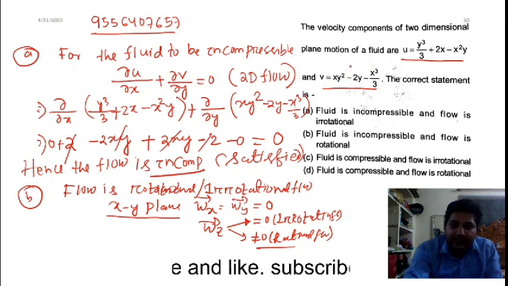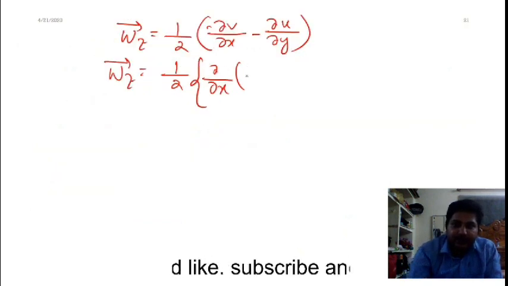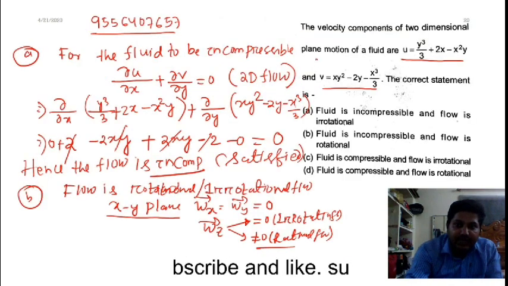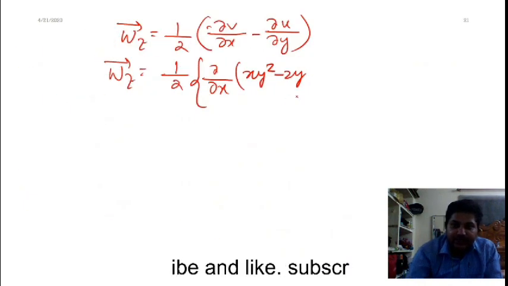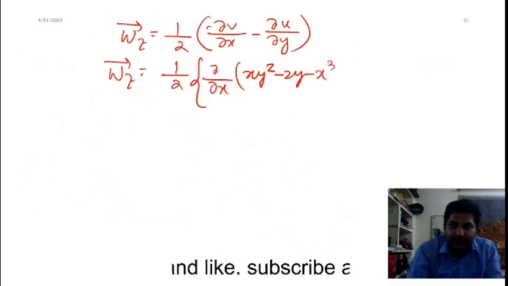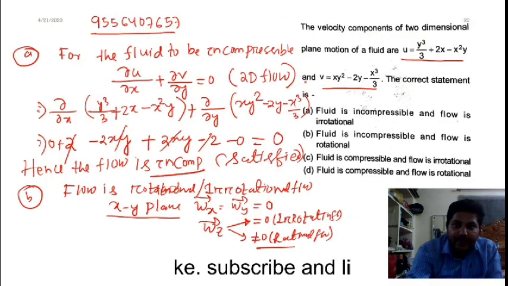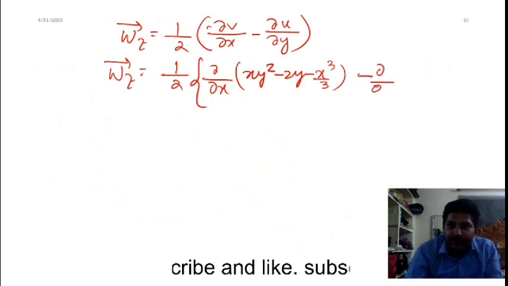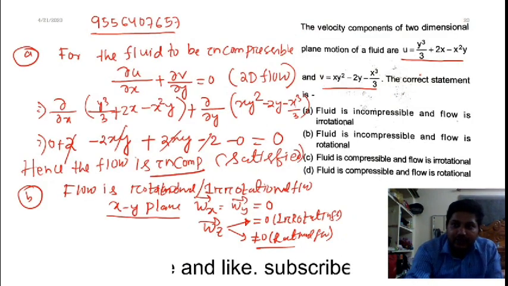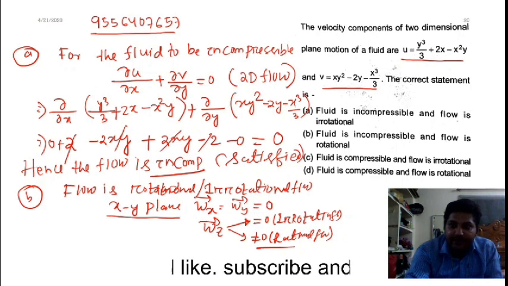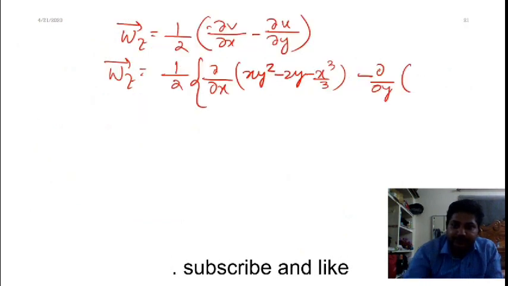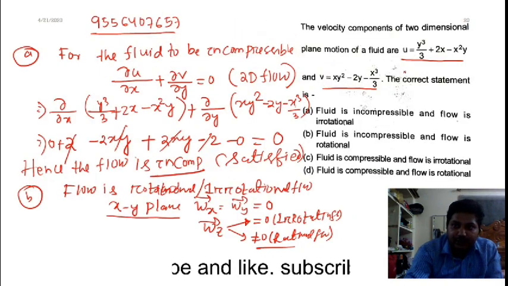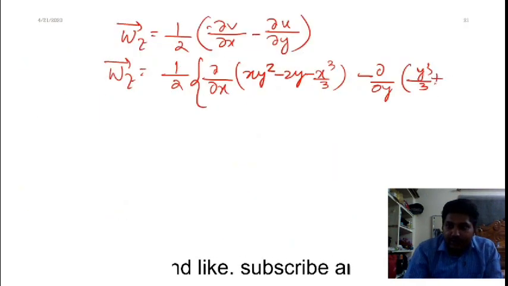And this is minus dou by dou y of u, where u is given as y cubed by 3 plus 2x minus x squared y.